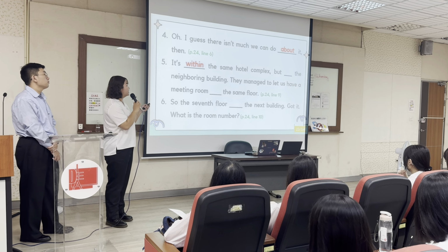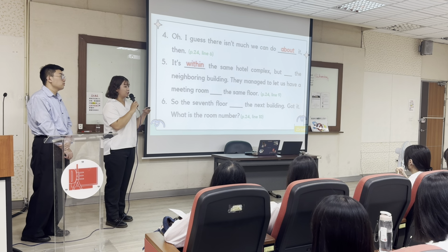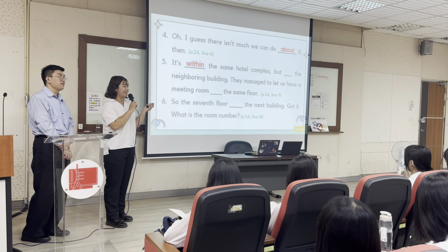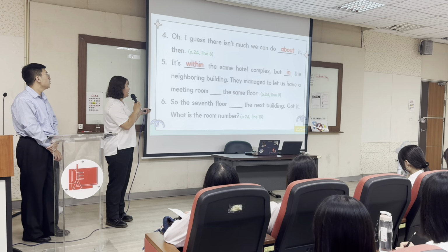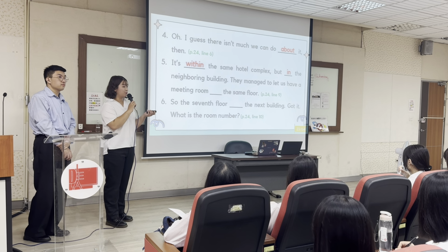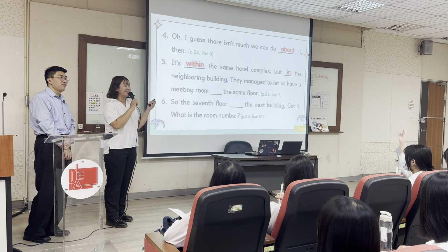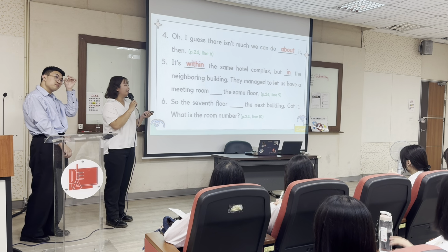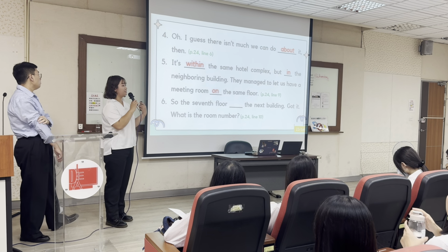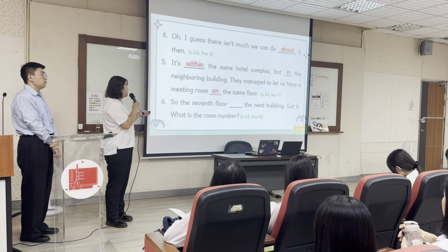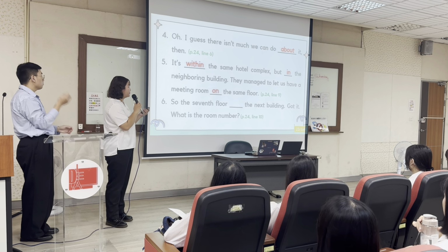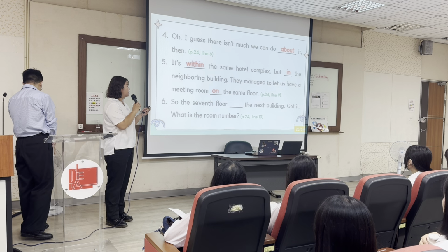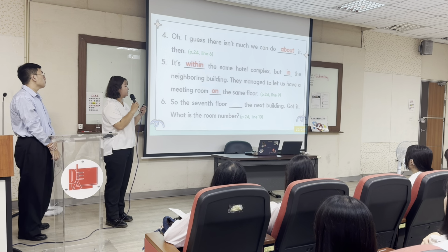Okay, the second blank space. 3, 2, 1. Yeah, the answer is in. And the last one, 3, 2, 1. Yeah, the answer is on. So please repeat after me. It's within the same hotel complex, but in the neighboring building, they managed to let us have the meeting room on the same floor.